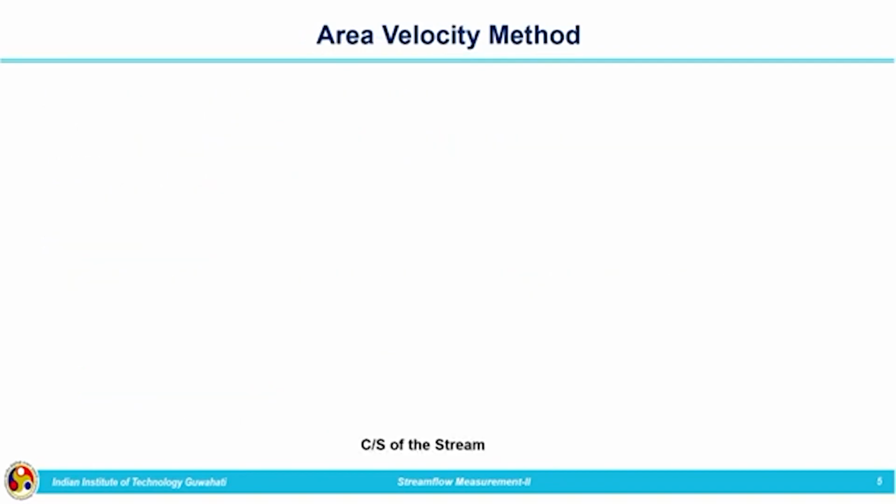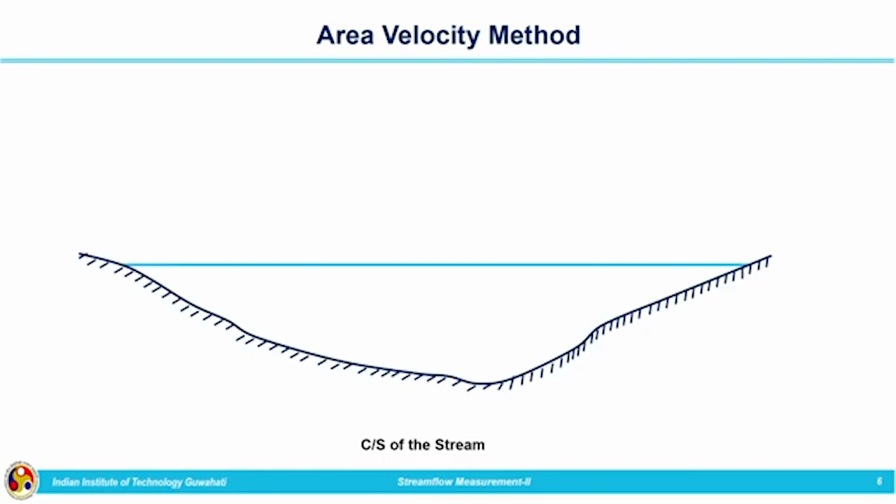Now, let us have a look into the cross section of the stream. Schematically, it can be represented like this. Non-prismatic shape we are considering. It is not a prismatic channel like a rectangular cross section or trapezoidal cross section. So, this is a non-prismatic stream, a natural stream.